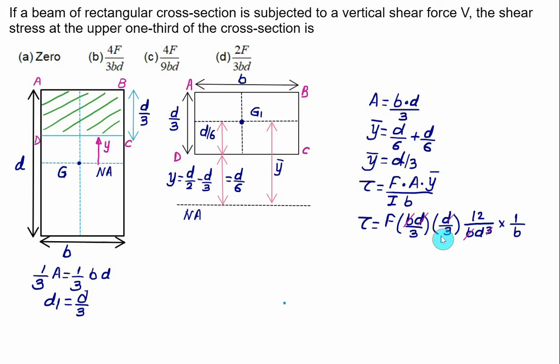And we have 9 and we have 12. It means that we have 4 by 3. So we have shear stress equal to 4 divided by 3 F. Everything almost gets cancelled. In denominator we have B and D. So we have F divided by BD. 4 times F divided by 3 times BD, our choice B is the correct choice.